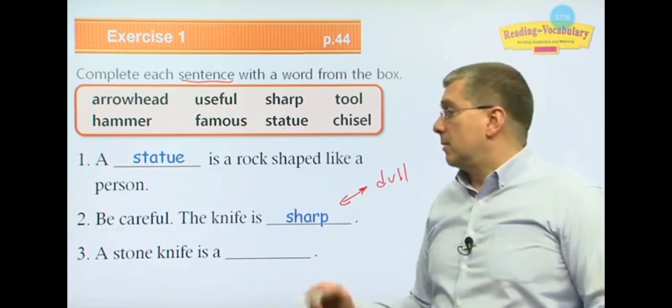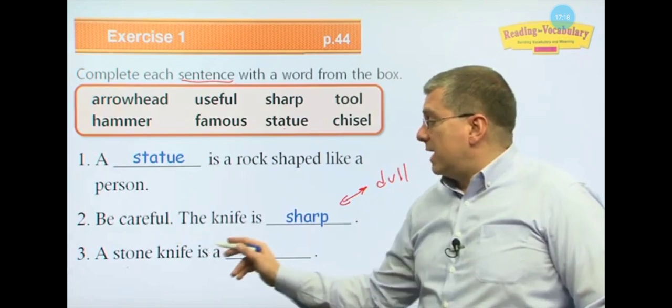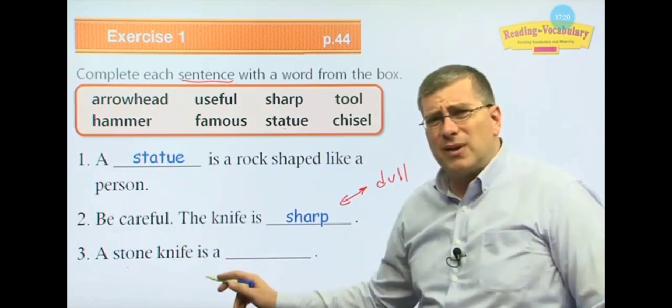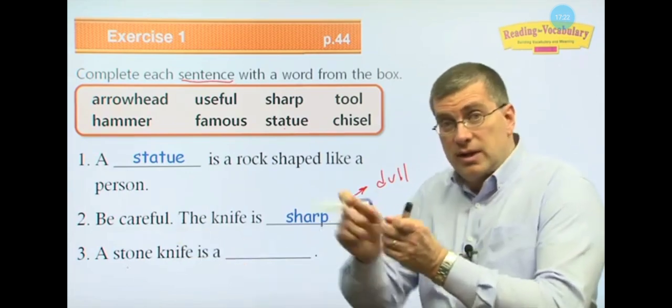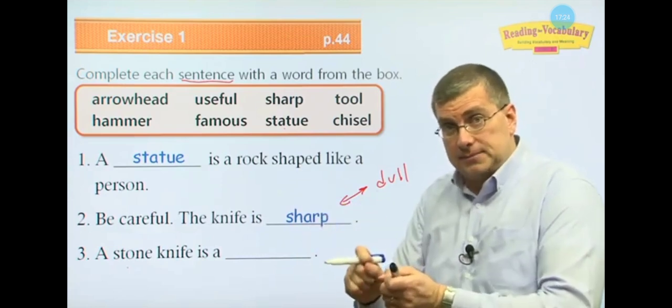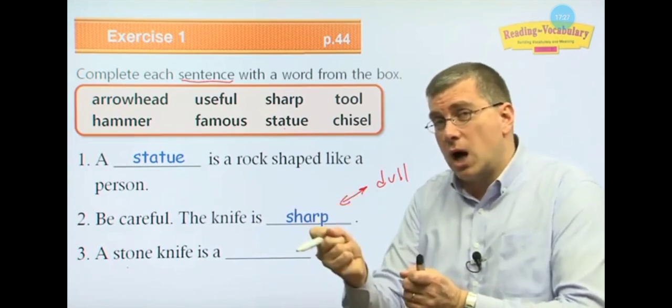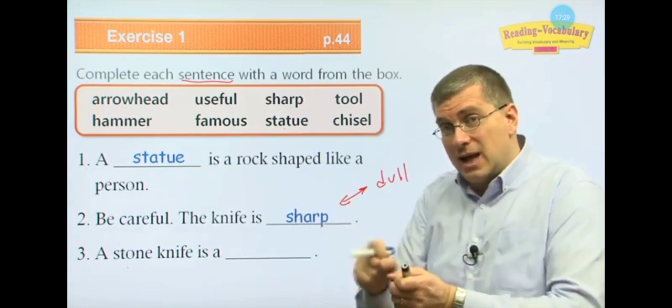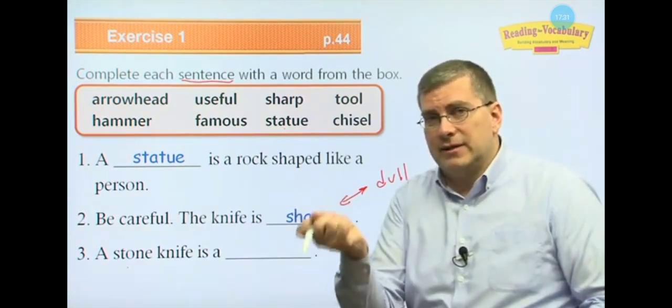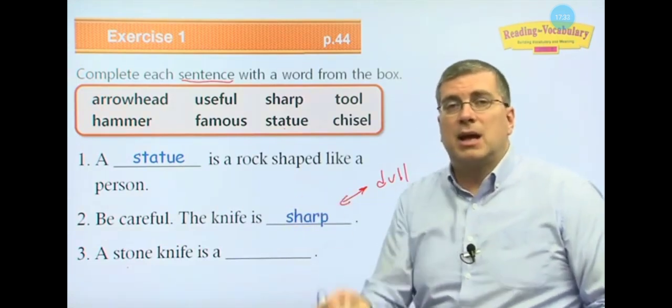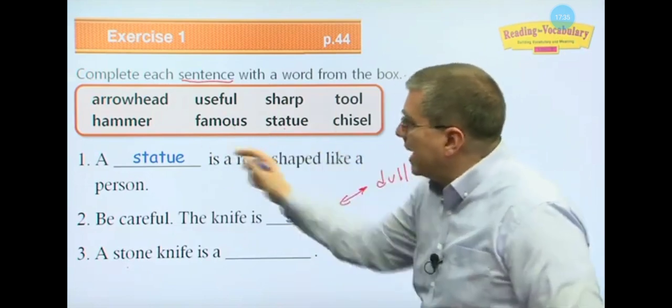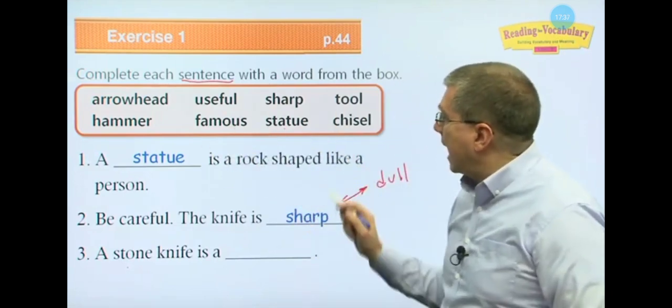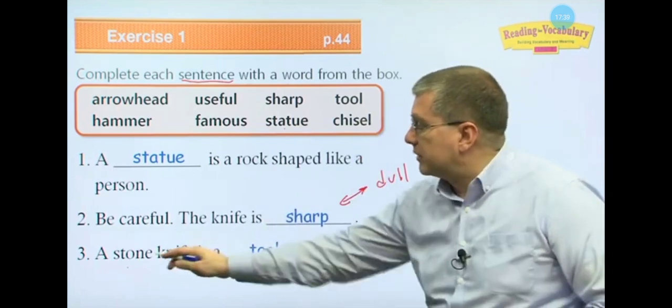Number three, a stone knife. That means a stone that you use as a knife. It's not just a rock anymore, because you use it as a tool. A stone knife is a tool.